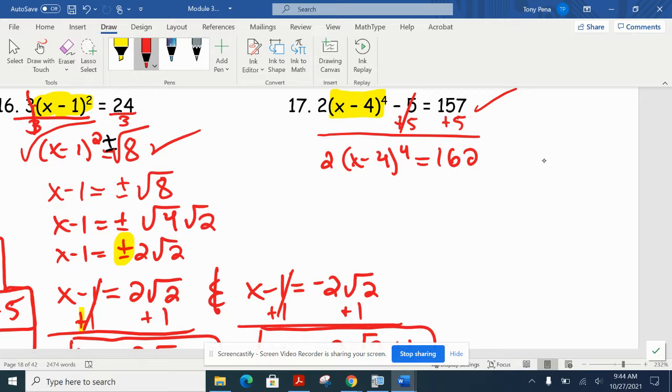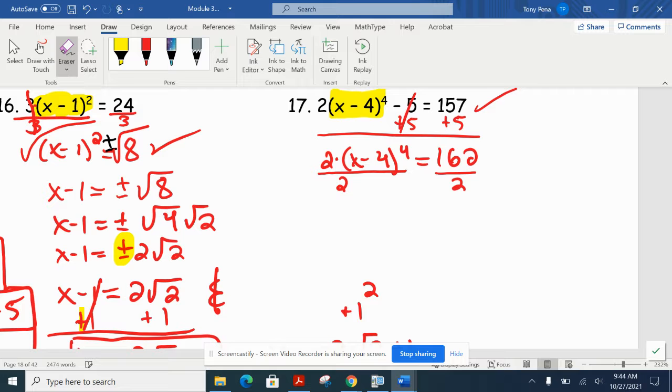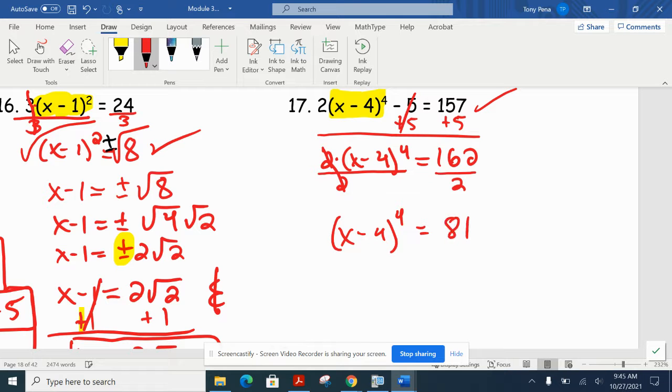So what we want to do is get rid of this positive 2 that's being multiplied by our parentheses there. And the way we undo multiplication is by division. So we would now divide by 2. These then cancel, and we would get x minus 4 to the 4th power, and then that would equal 81.